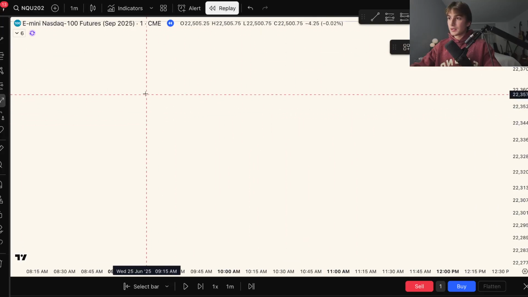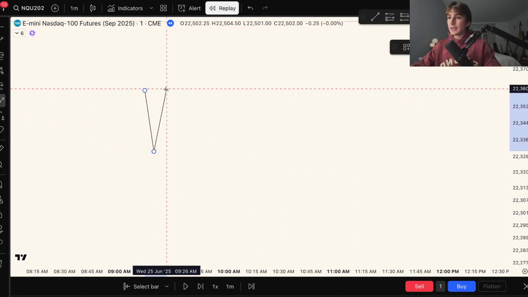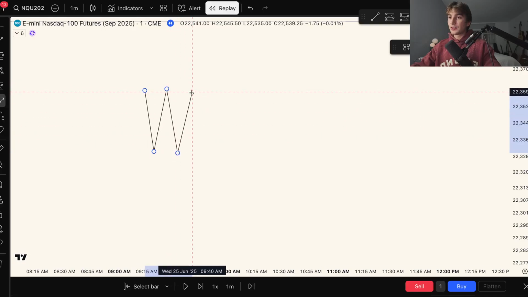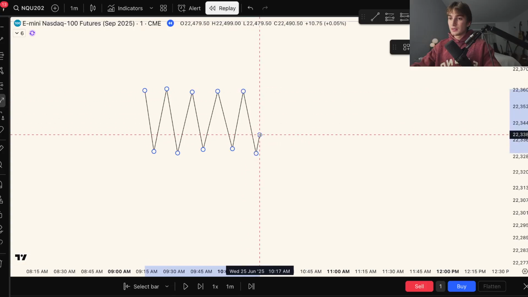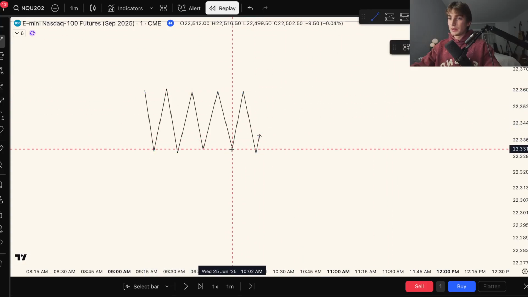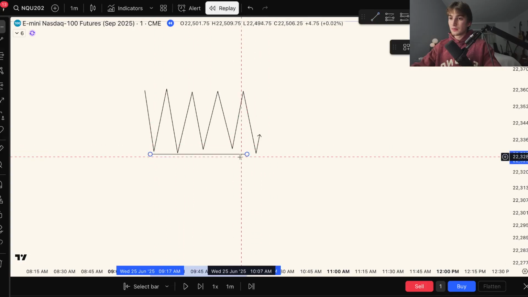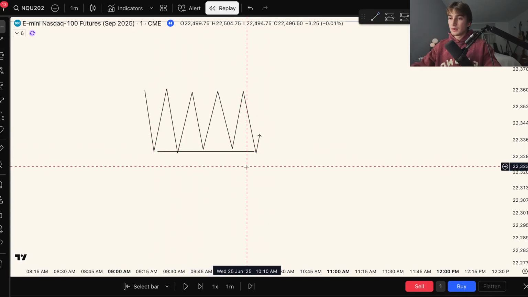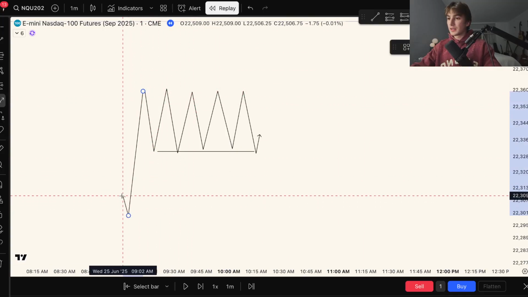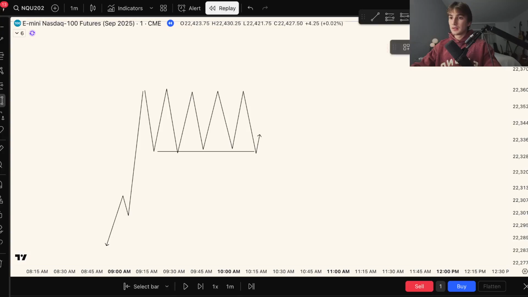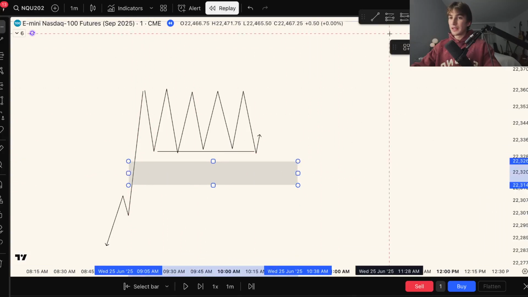Let's go over this. So if we're trading inside of chop and you see some shit like this, a simple sweep of these lows, and yet we still have, let's say, a 5-minute fair value gap below right here.